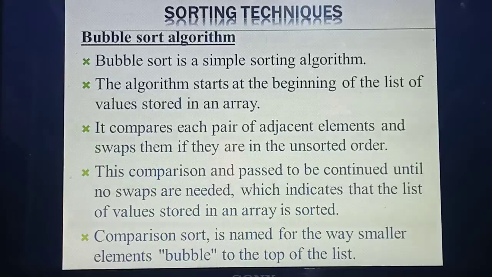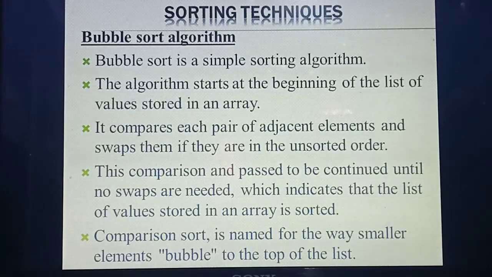It will compare each and every element, the adjacent pair of elements. Till when do you need to continue? Till no swaps are needed. That means it will compare each pair of elements and swap if they are in unsorted order. If they are not in arranged order, you need to swap the elements.